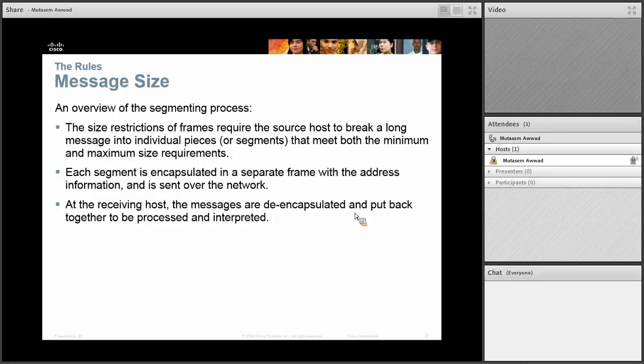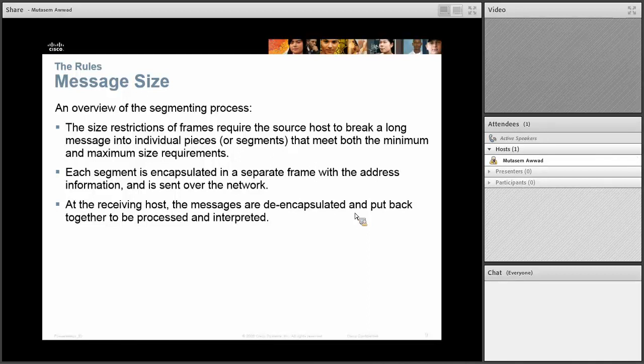The first thing that your computer will do is look at the message that you're trying to send and chop it up into little pieces, because it knows that your Ethernet NIC cannot carry more than 1,500 bytes to transfer data.